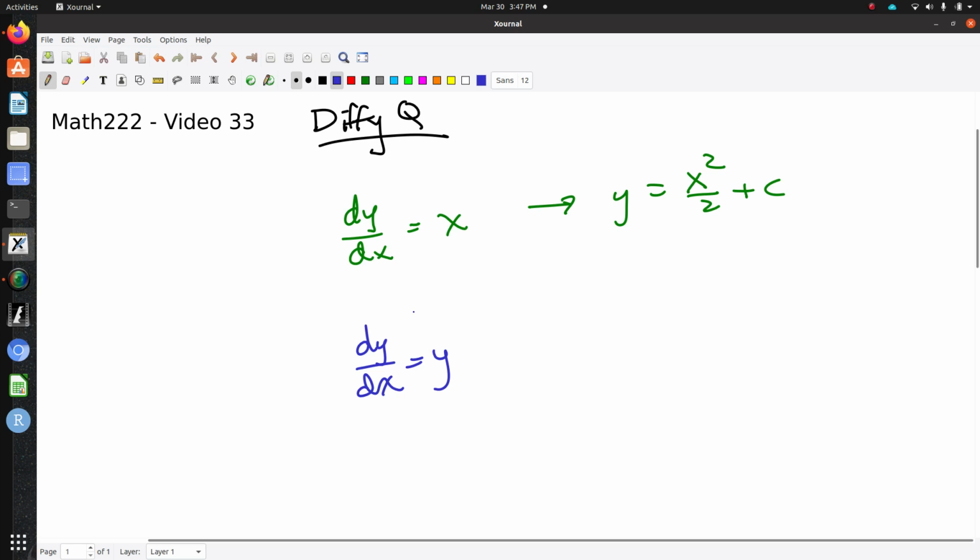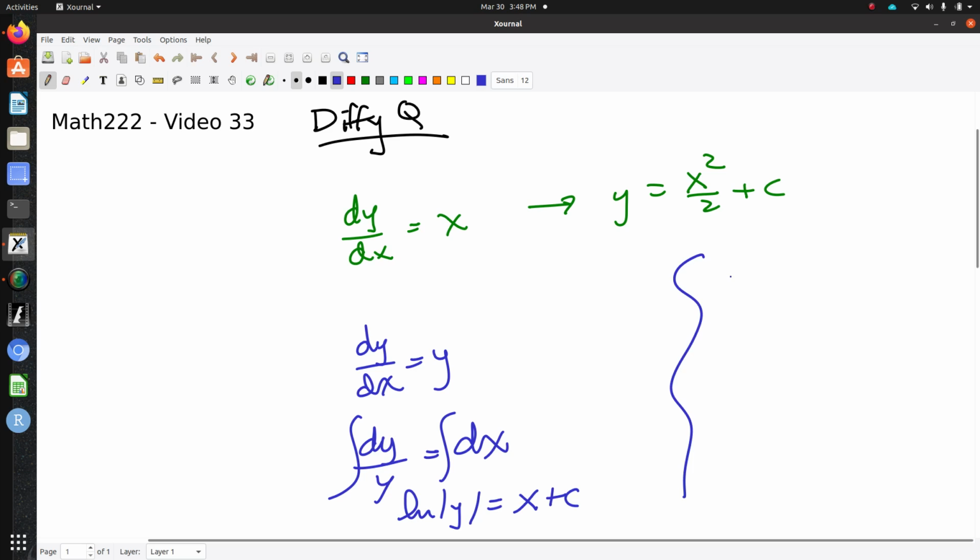But let's say for some reason you got confused and you said, okay, I'm going to solve it with separation, and then I'm going to get natural log of y equals x plus c. Then you're going to raise e to the power of each side: e to the natural log of y equals e to the power of x plus c, then you're going to get y.